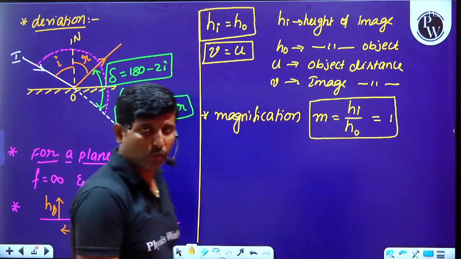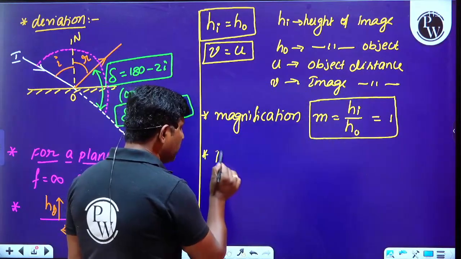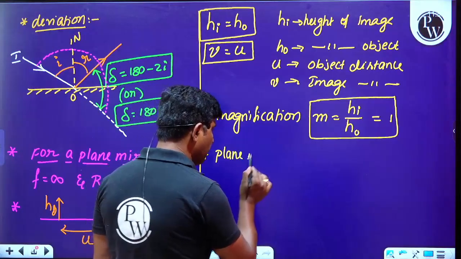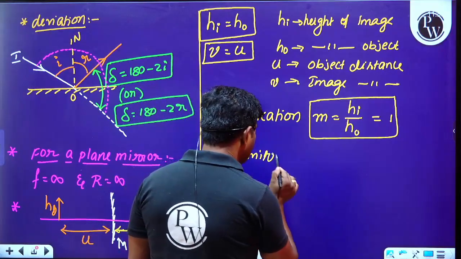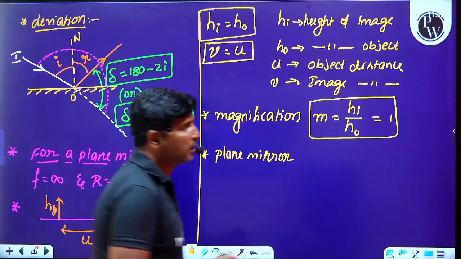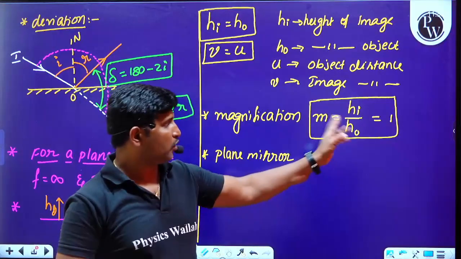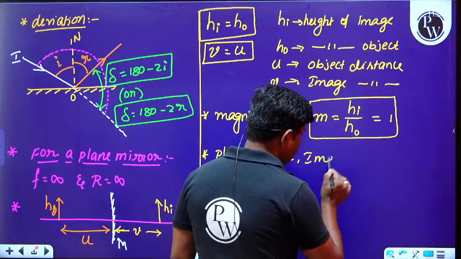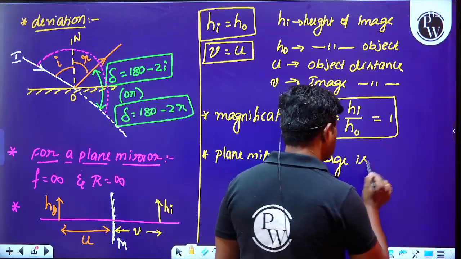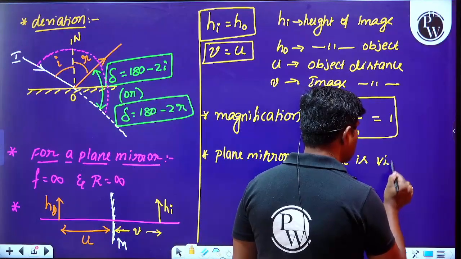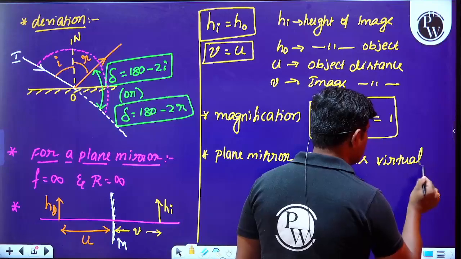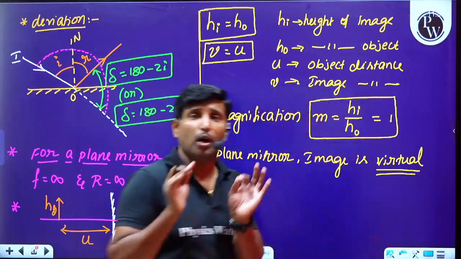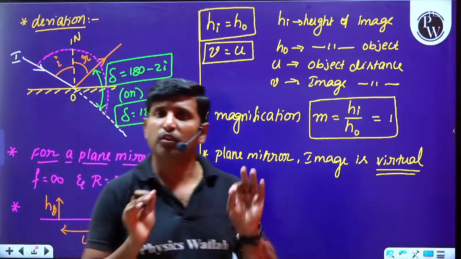So please observe this magnification. For a plane mirror, magnification is 1, and for a plane mirror, the image is always virtual. The image formed by a plane mirror is always a virtual image.